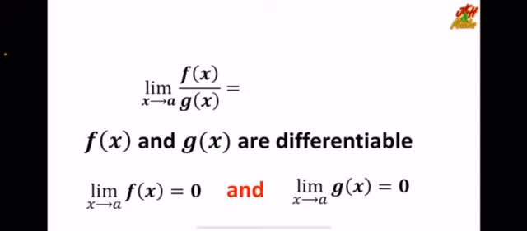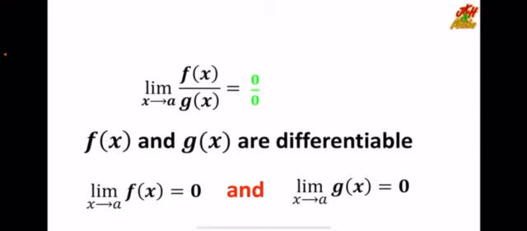InsyaAllah. Okay, today we are going to discuss one rule. Let's say given the limit of function f(x) to function g(x) when x approaches a, where f(x) and g(x) are differentiable, and the limit of f(x) when x approaches a is equal to 0, and the limit of g(x) when x approaches a is also equal to 0.